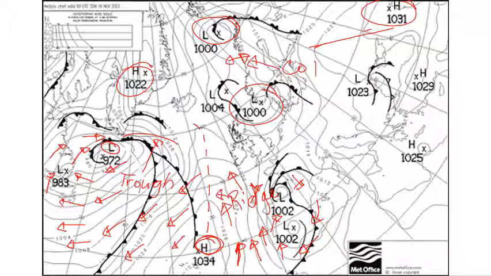Napansin nyo? May ini-enclose siyang isang specific area. Kung titingnan natin, okay? At itong area na to, that is col. So, hindi nyo kailangang maghanap ng col sa isang synoptic chart kasi hindi lahat ng synoptic chart may col. Yung iba lang ang meron.